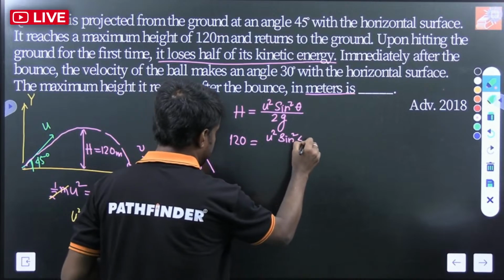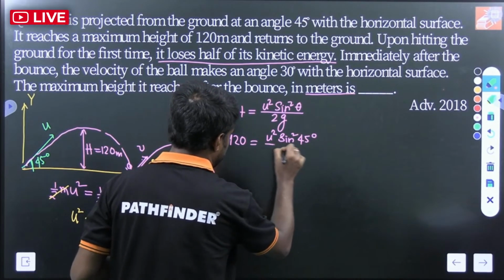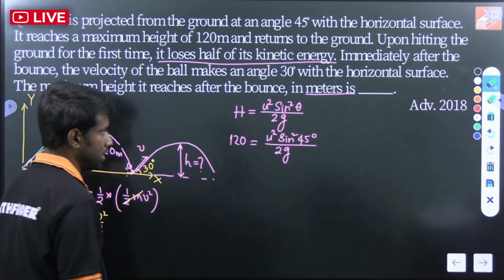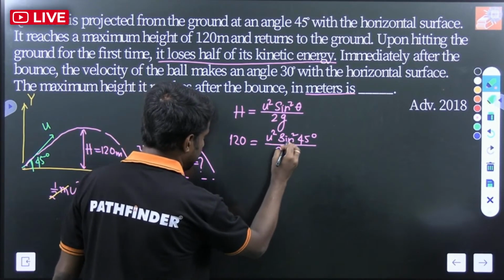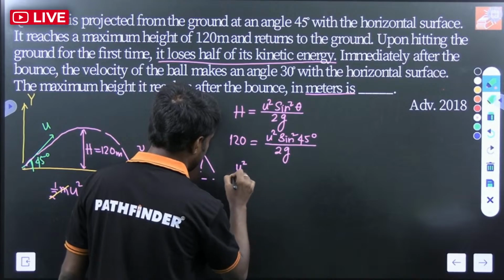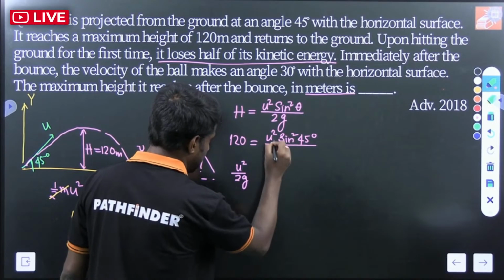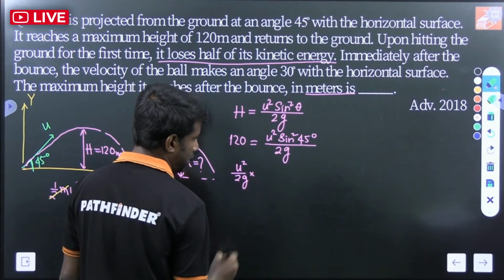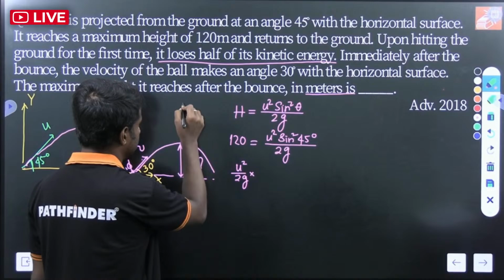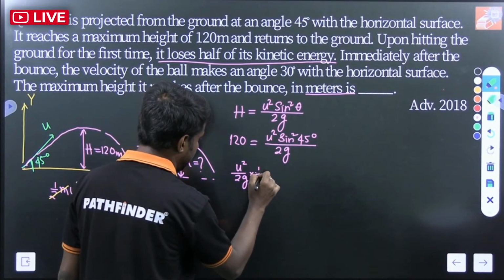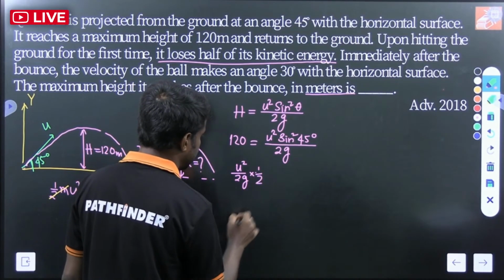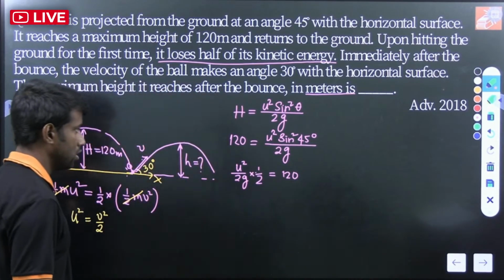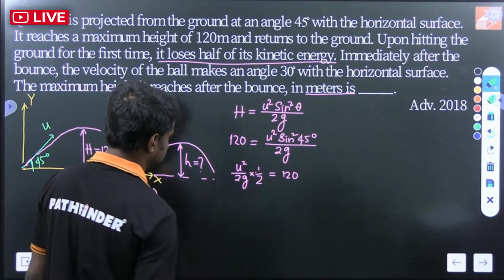So you can put 45 degree here, divided by 2g. So this is our one equation. From this we get u square by 2g into sin square 45 degree. Sin 45 degree is 1 by root 2, so 1 by root 2 whole square is 1 by 2. So that means this one is equal to 120.